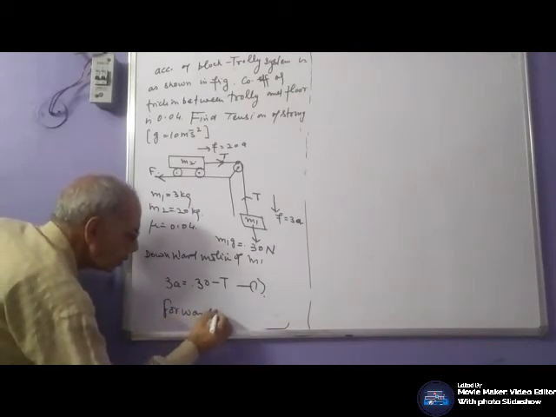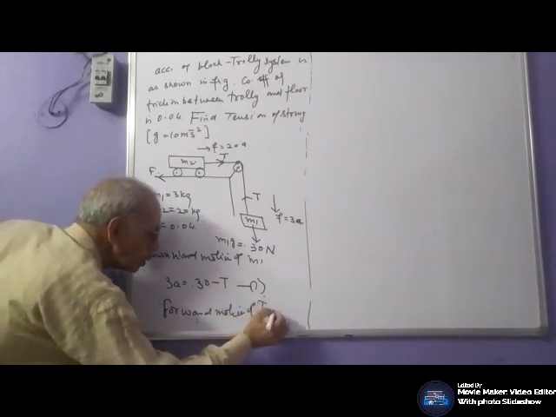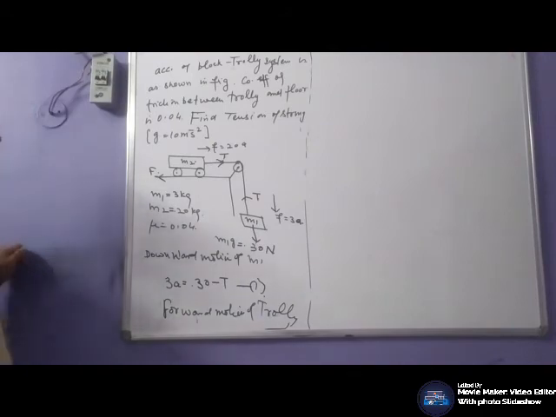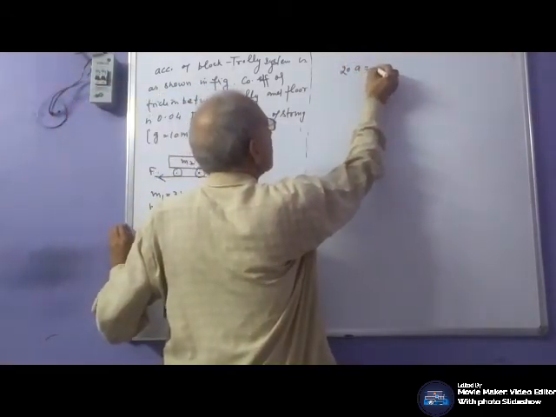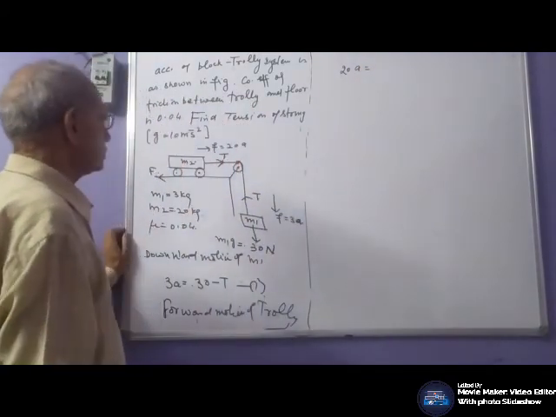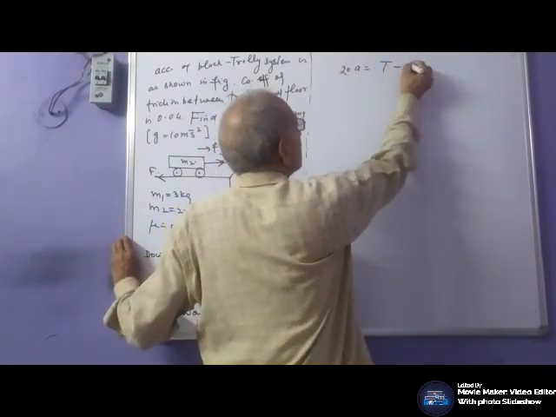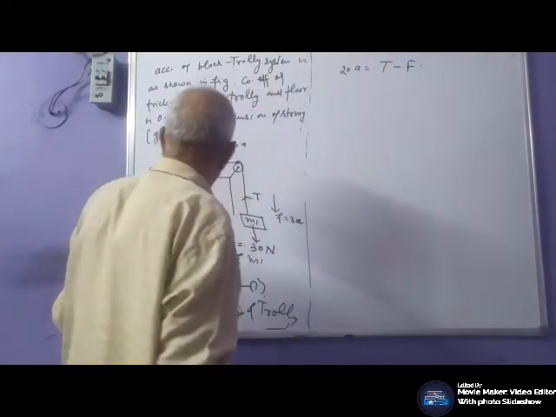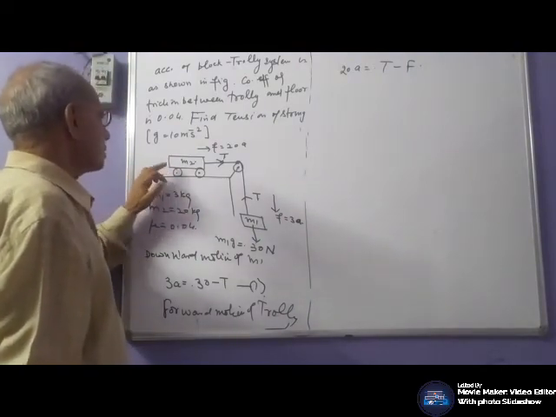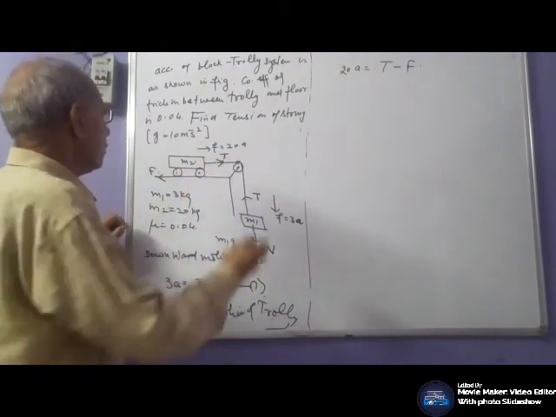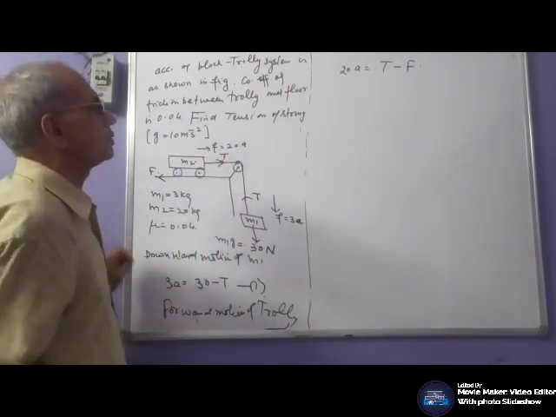Forward motion of the trolley: force 20A is T minus F. What does the figure say? In the forward direction, net force is T minus F.